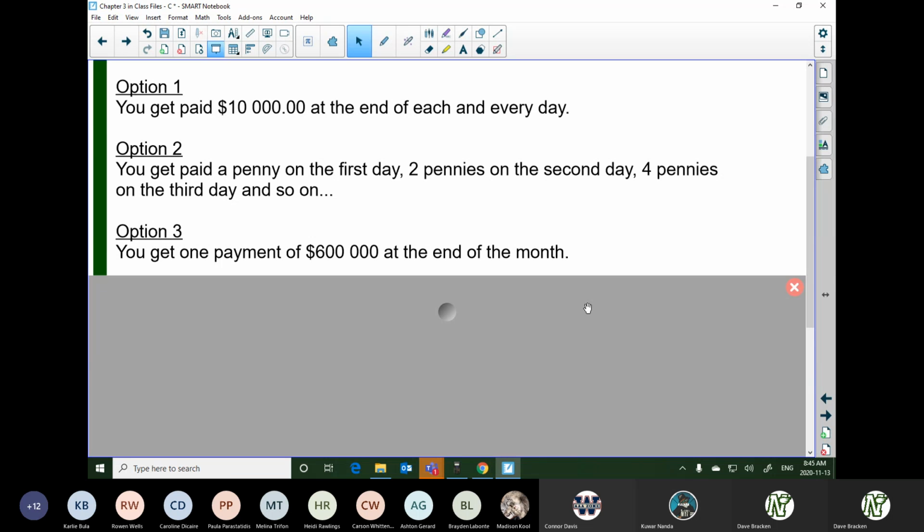Mateo's on the fence with 2 or 3. Emily, Heidi, Manveer, Jack. You guys have all said option 3. How come? 1 or 2 of you at least let me know why you would pick option 3, a one-time payment of $600,000. Even Paula had just kind of piped in here with 3. Anybody want to unmic and tell me?